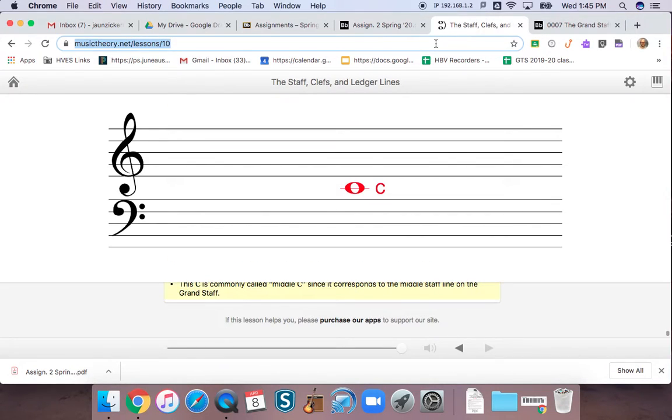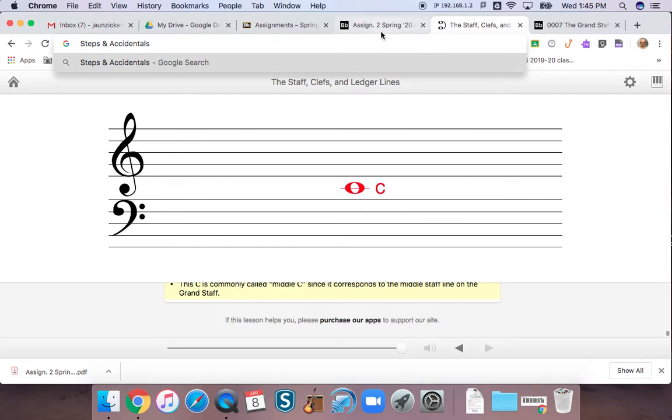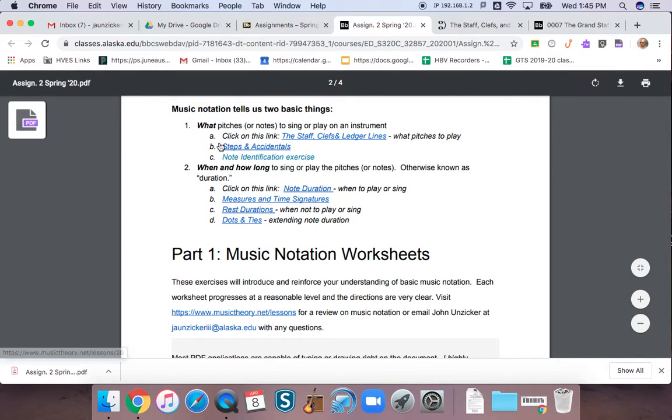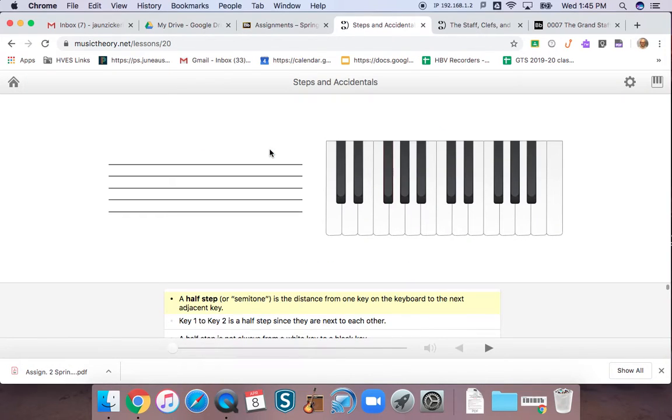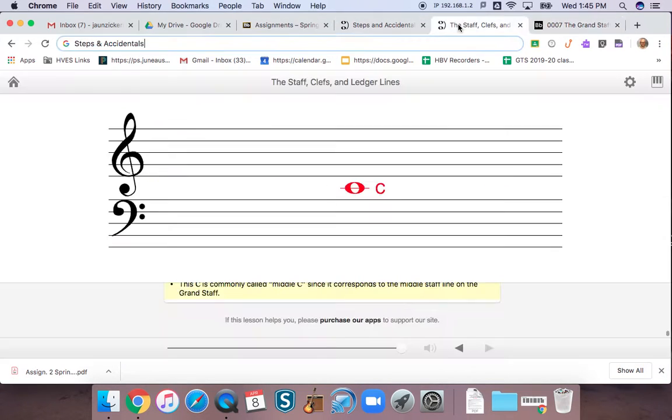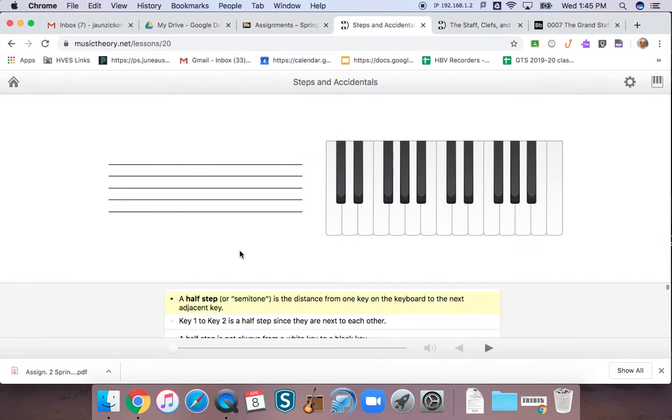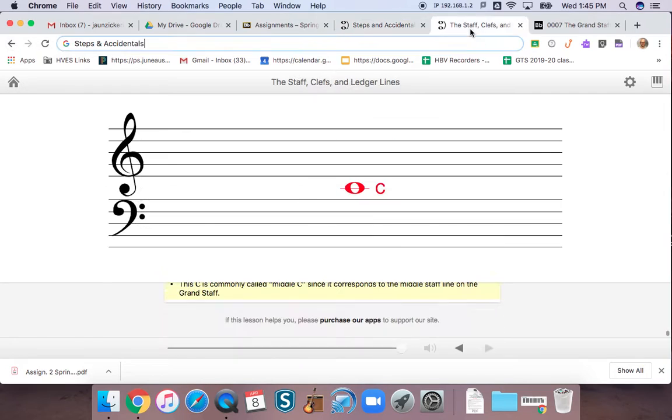And I'll just put it in this window. Whoops. I hope that has the link on it. Okay. Steps and accidentals. Yeah, so it looks like the link is there. You just got to make sure to either copy and paste it or click on it. Oh, I remember what I did now.